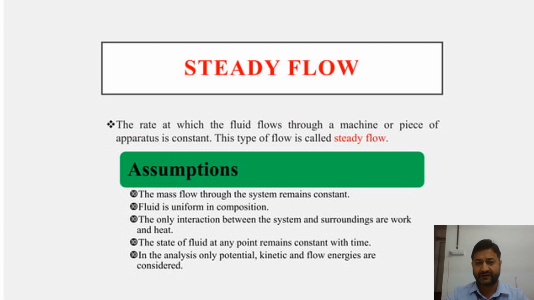We already know that there are types of flow: steady flow, unsteady flow, uniform flow, non-uniform flow, that we have heard about a number of times. Steady means any parameter that is not changing with respect to time. Suppose you supply a velocity of 10 meters per second at 9 a.m., then at 10 a.m. you are also supplying the same velocity.